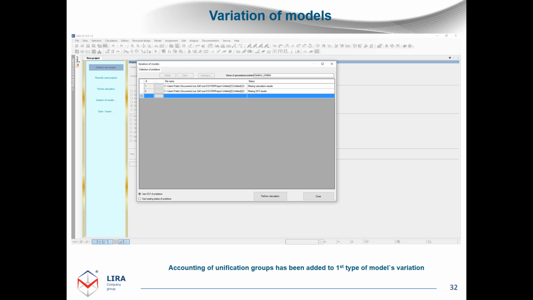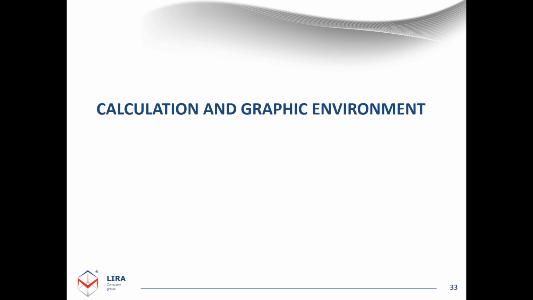You can also set up different initial data for each loading state, specifically coefficients to design combination of forces, and also to perform the calculation of design combination of forces and design combination of loads for an integral task that contains internal forces and displacements obtained from the combined problem. Now let's move on to innovations made in the graphic environment.